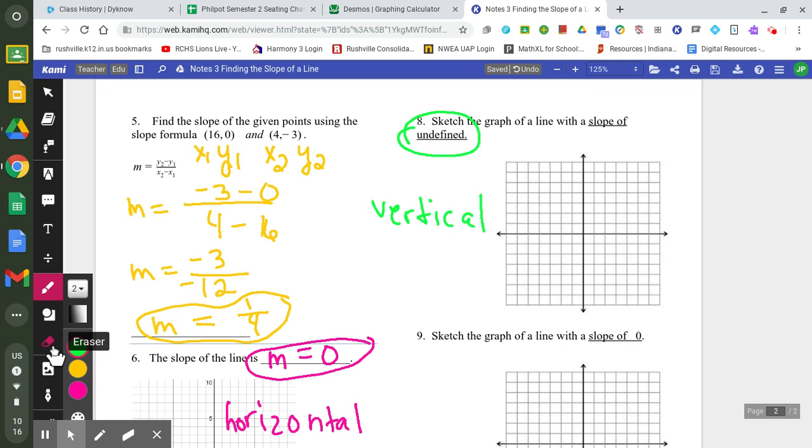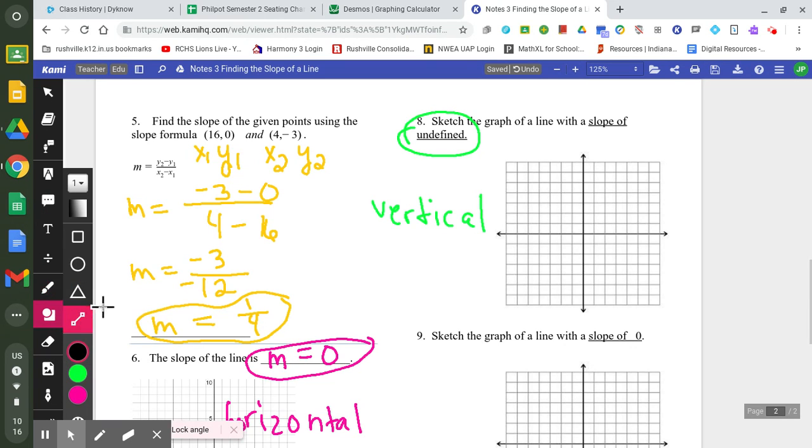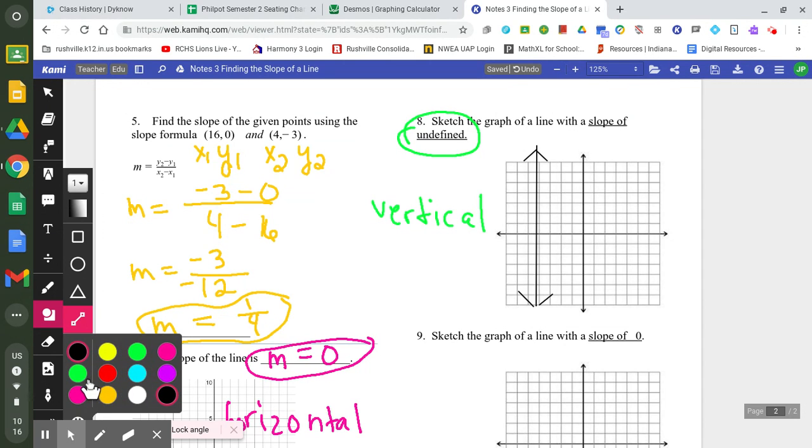So let me see if I can actually draw a line. So any vertical line. So this line has a slope of undefined.